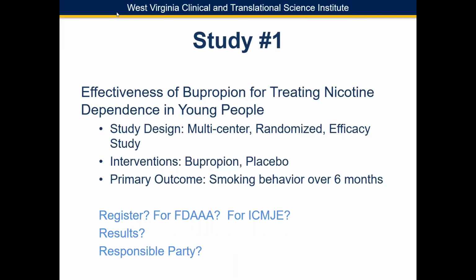The study design is a multi-center, randomized efficacy study with interventions, and the primary outcome is smoking behavior over 6 months. Should it be registered? Should it report results? And who would be the responsible party?